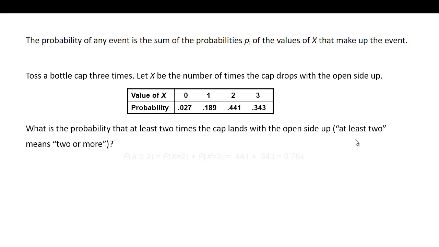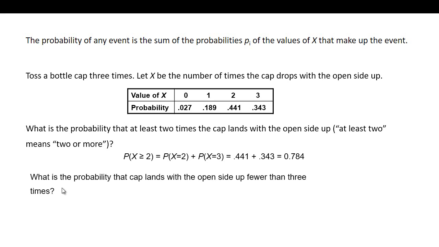Well, that means I want the probability that x is larger than or equal to 2. That's the same as the probability that x is equal to 2 plus the probability that x is equal to 3. And that's 0.441 plus 0.343, which is equal to 0.784. So again, the probability of any event is the sum of the probabilities of the values of x that make up that event.